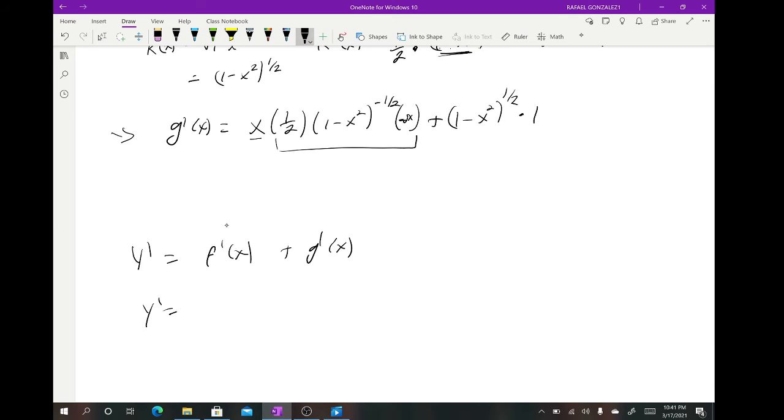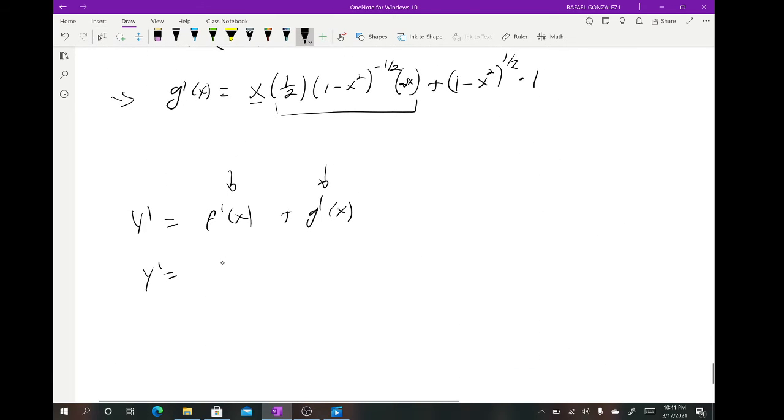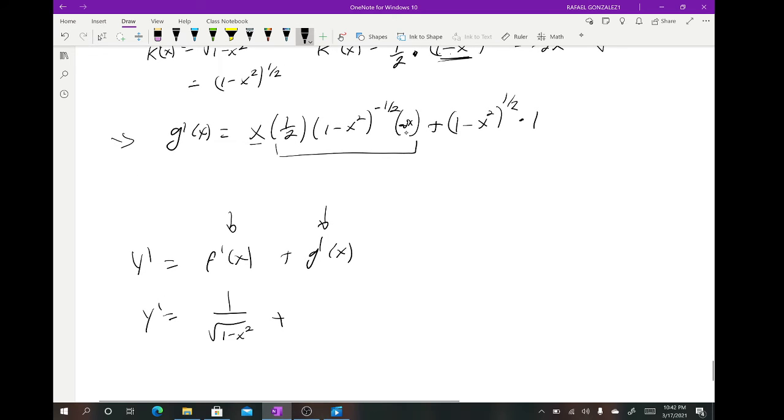So y prime is simply f prime plus g prime. F prime is 1 over radical 1 minus x squared. So 1 over radical 1 minus x squared plus g prime. G prime is equal to what? G prime is equal to negative 2 times 1/2. The 2's cancel out, so you still have a negative.